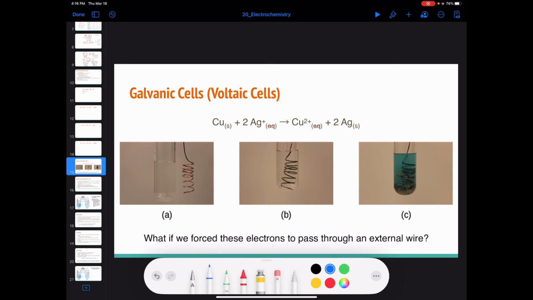Luigi Galvani came up with this idea of animal electricity. He would take a frog's leg and attach maybe a piece of zinc to one side of it and a piece of copper to the other side. And he would notice that the frog's leg started twitching. So he said, oh, look, these animals are producing electricity, right?